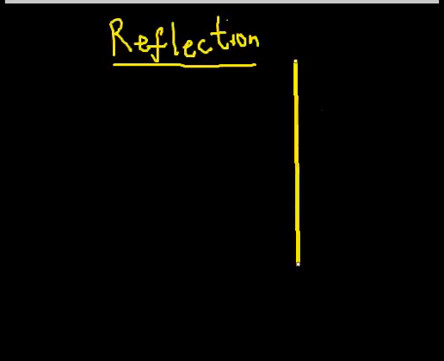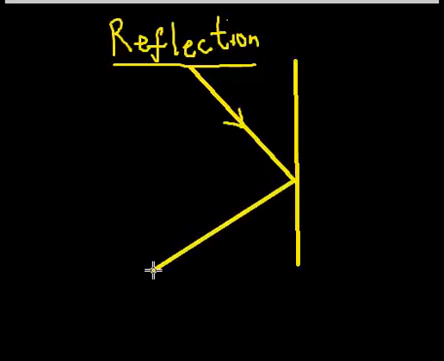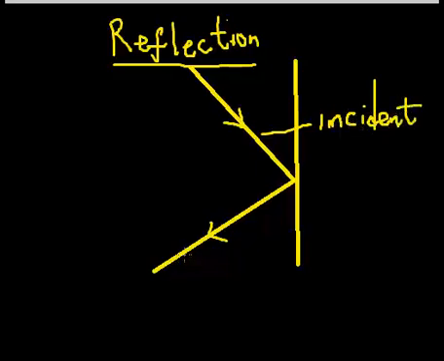We call the ray that hits the boundary the incident ray, and the ray that moves back after meeting the boundary is the reflected ray. So this is known as the incident, and this is known as the reflected ray.